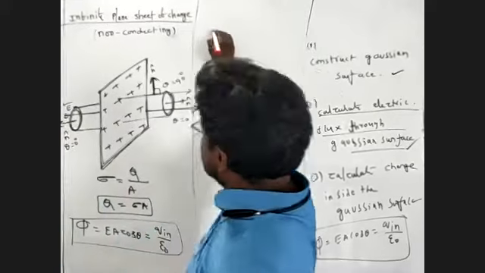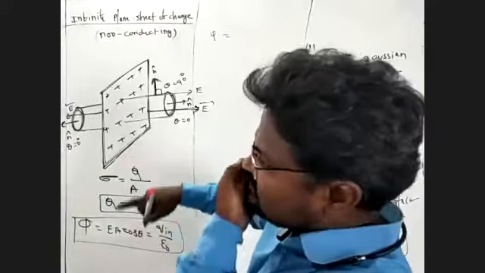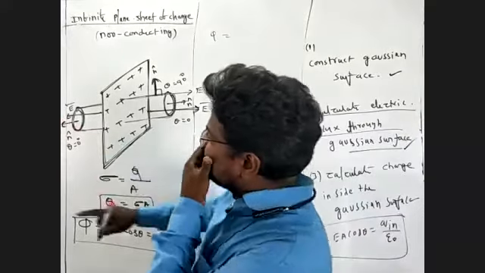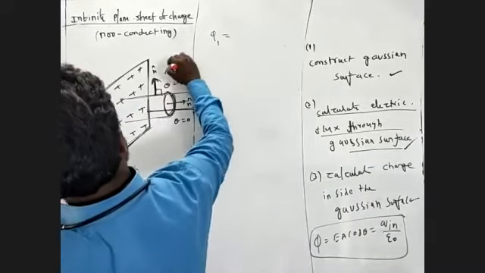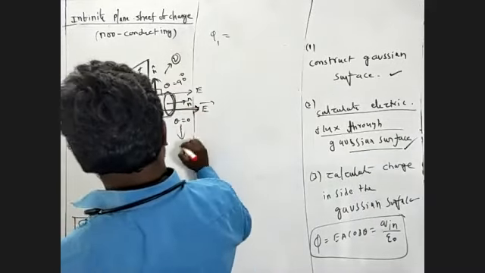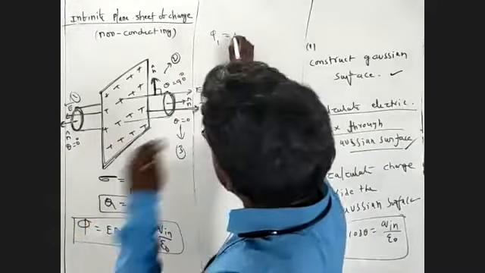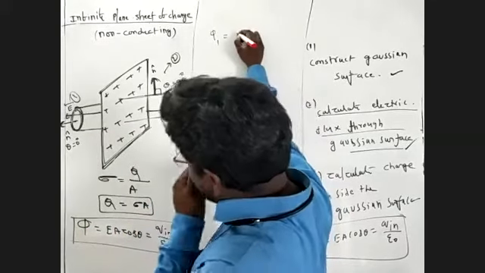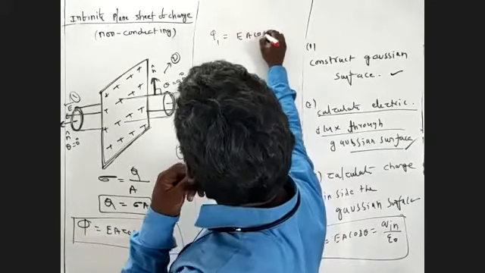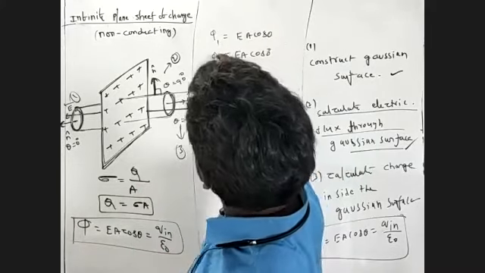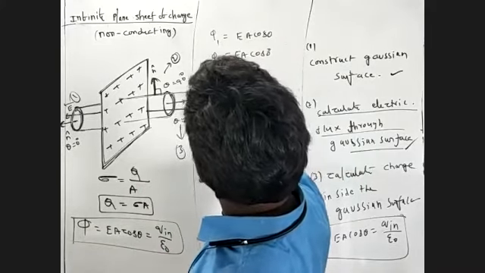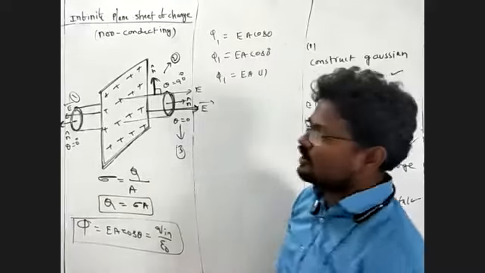Electric flux: first, how many surfaces? This is the first part, this is the second part, this is the third part. For the first, EA cos 0 degrees, so phi 1 equals EA, since cos 0 is 1.